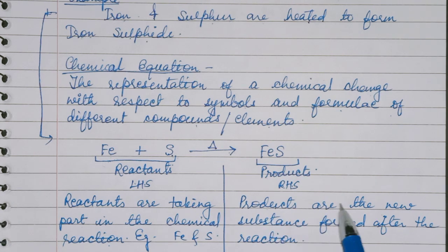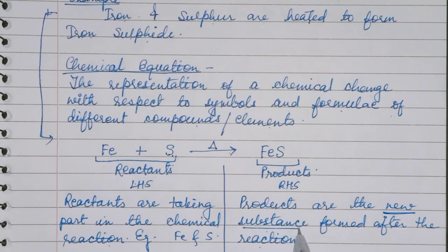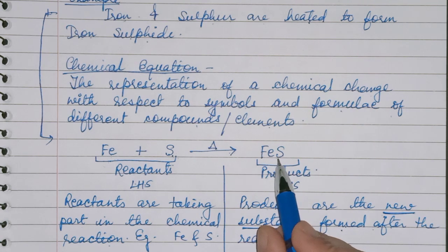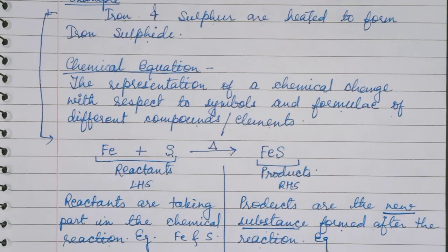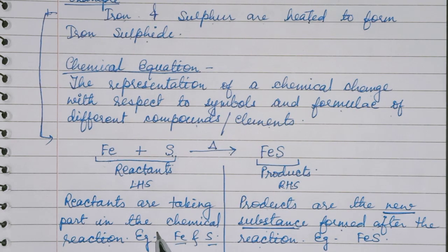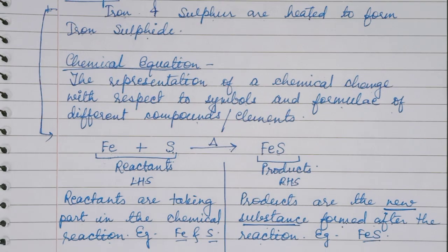The products are the new substance formed after the reaction. What is the new substance now? The example you can say here is iron sulfide. So iron and sulfur are taking part in the reaction, so these are reactants. A new substance is formed after the reaction, so it is iron sulfide.